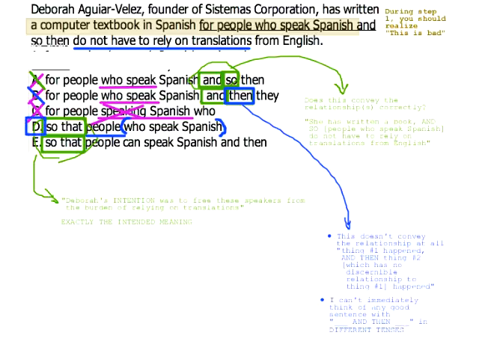Choice E says that she wrote a textbook so that people can speak Spanish, as though those people were unable to speak Spanish until she published a textbook. That's weird. I mean, you could publish a traveler's guide to Spanish so that people can speak Spanish quickly and easily while traveling. Yeah, something like that.